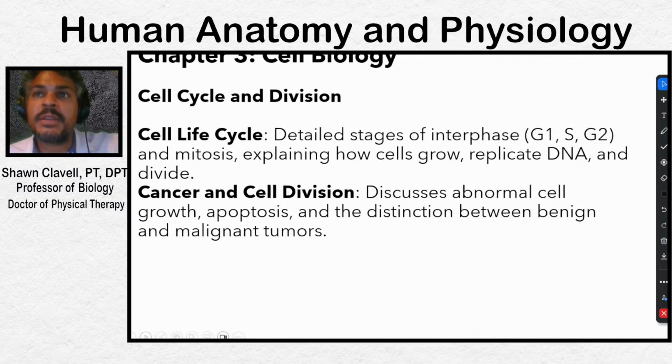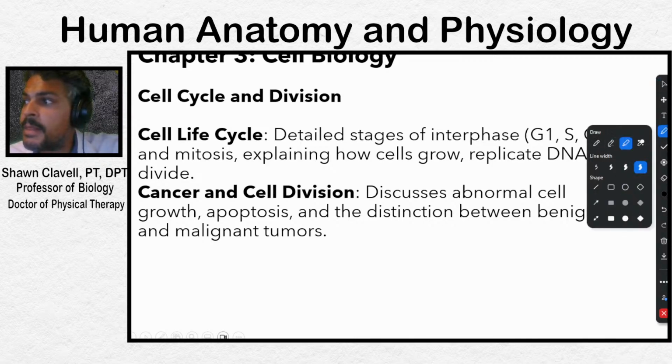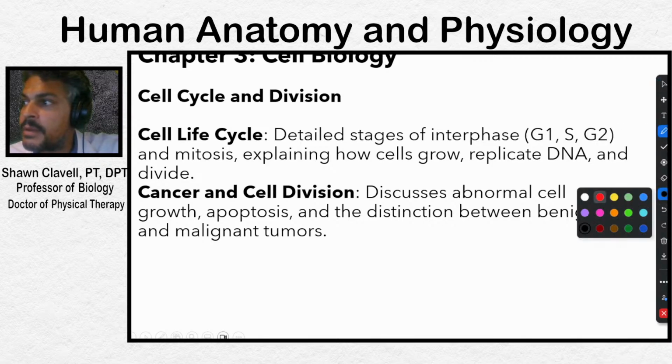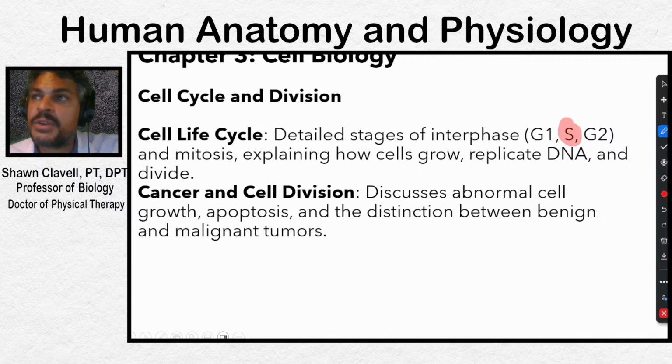And then finally, the cell life cycle, right? So, thinking about breaking down the cell life cycle into two phases. First is interphase. Interphase is G1, the synthesis phase, and G2. Particularly, we want to highlight here, in a different color, this synthesis phase, where we're going to have DNA replication occur.